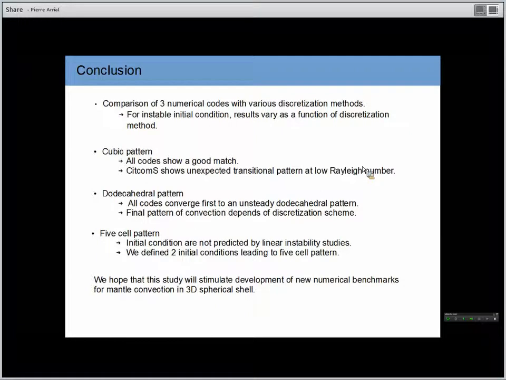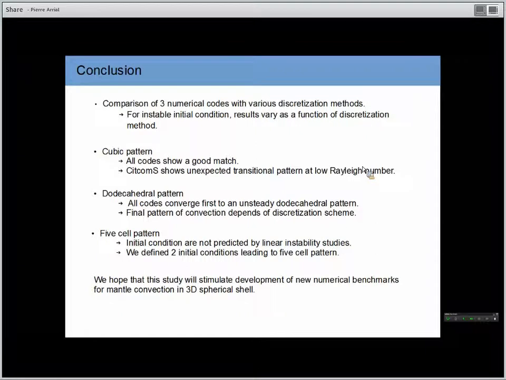Thus, for the cubic patterns, all codes model a really good transition. Final patterns of conditions vary with the methods, and in particular around this area. If you remember, CitcomS in particular shows unexpected transition patterns at low Rayleigh number.